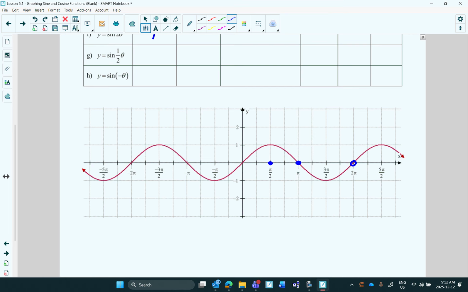Okay. This point, why am I getting myself confused with this? This point doesn't move. Yeah, so it's going to go like this. Like so.